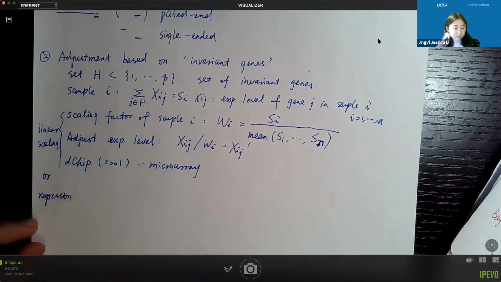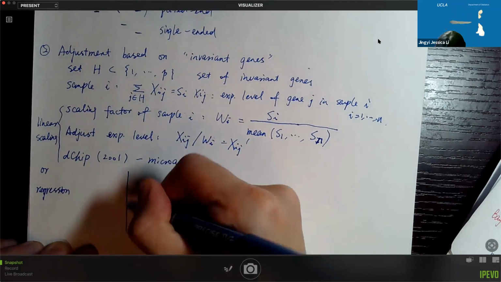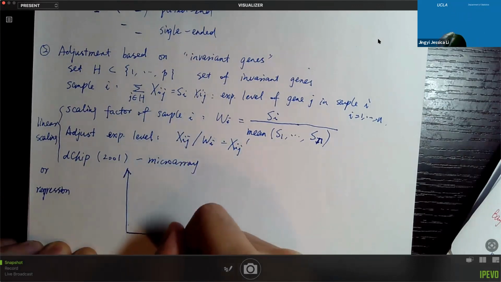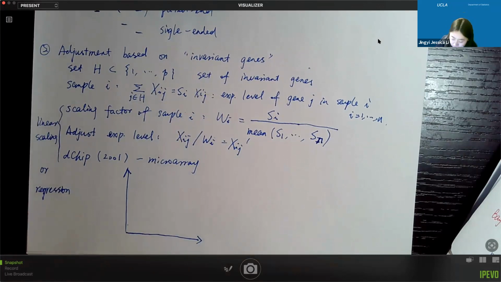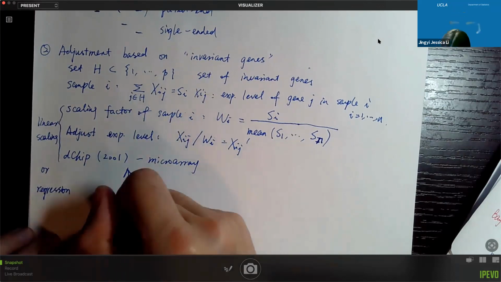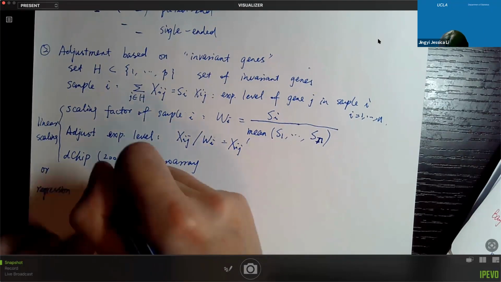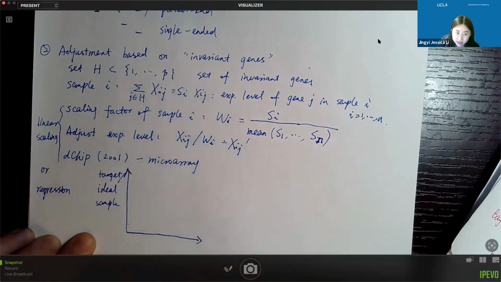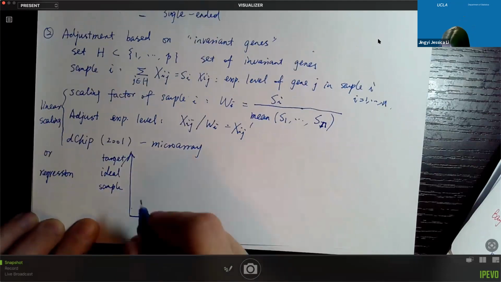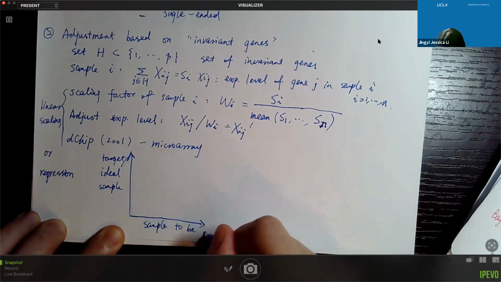So what does that mean? It means that if you have a sample to be aligned into, let's say this is the ideal sample, or target sample, you want the other sample to be like. And this is the sample to be normalized.